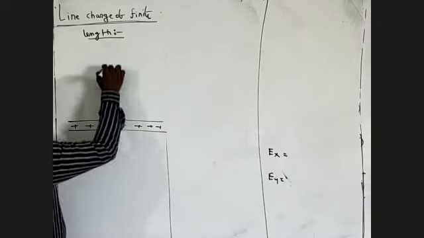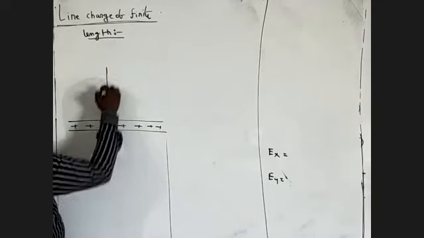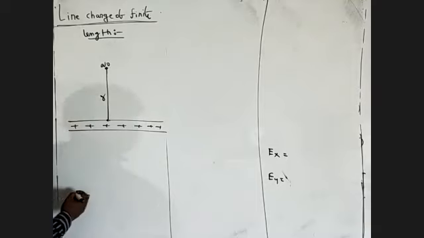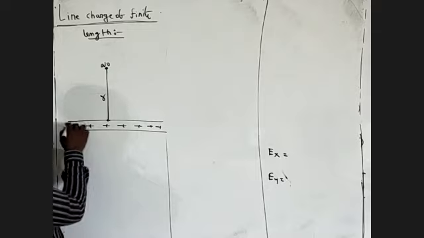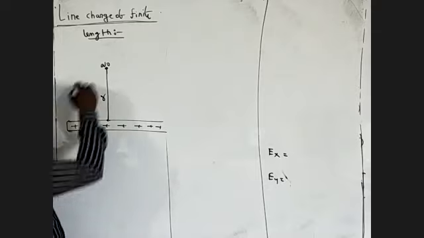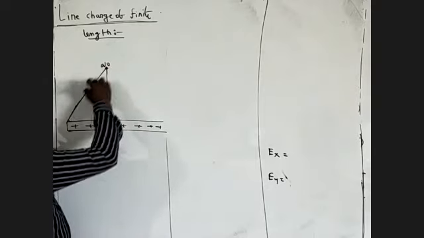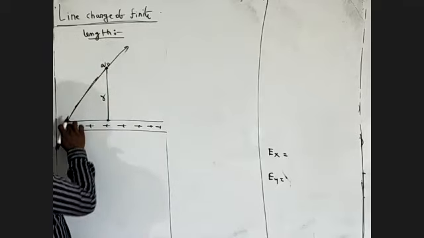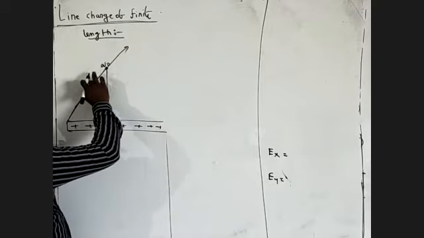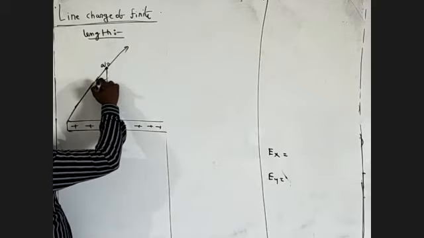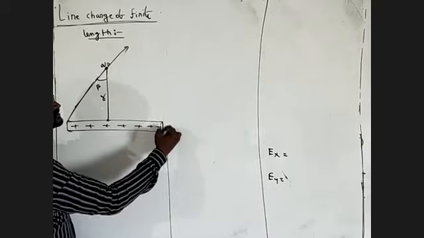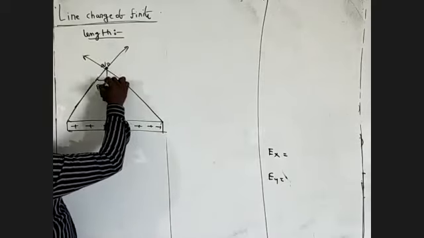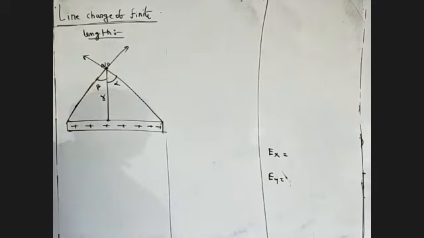The distance from here to here is R. At this point, I'm placing Q naught, a positive charge. From here to here, positive charges repel each other, and this positive charge also repels the charges in this direction. I'm taking this as beta. From here also they repel each other in this direction. This I'm taking as alpha.